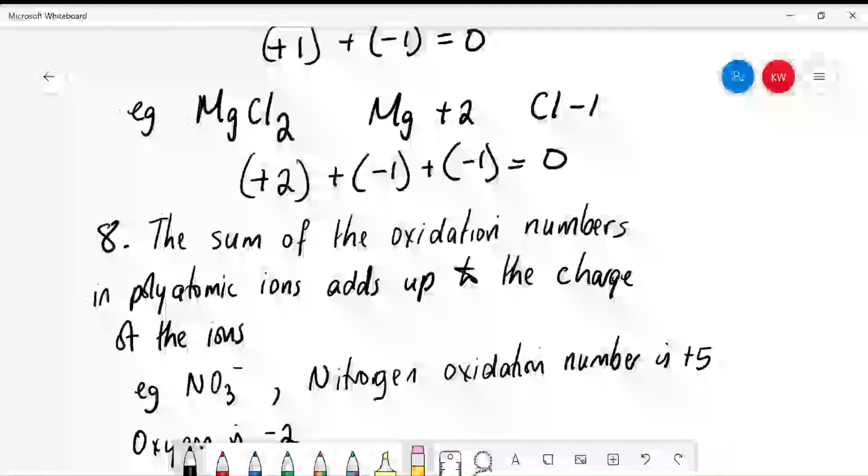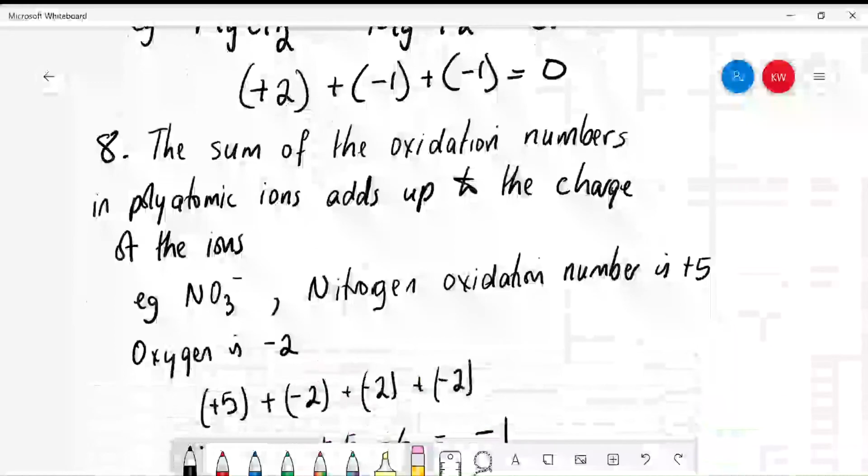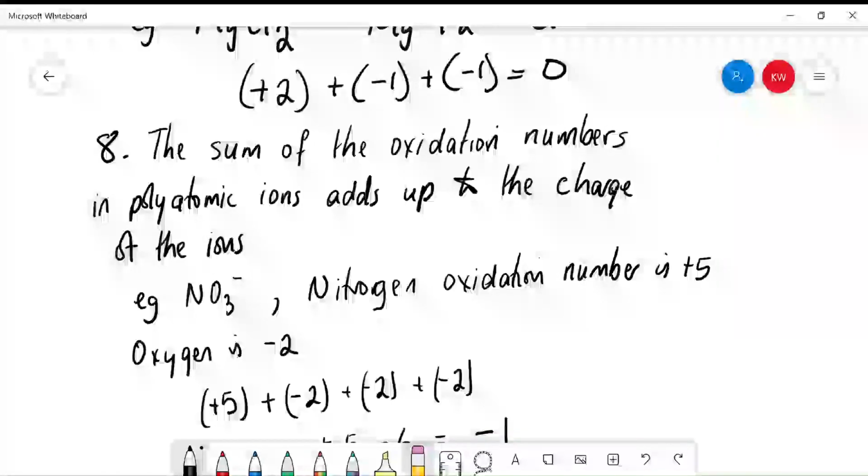And the last rule: the sum of the oxidation numbers in polyatomic ions adds up to the charge of the ion. So this is saying if we add the oxidation numbers of the nitrogen and the 3 oxygens, we must get -1.